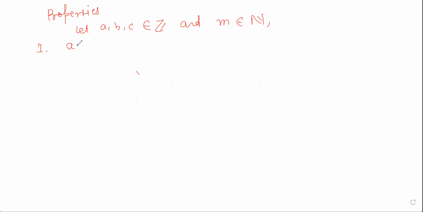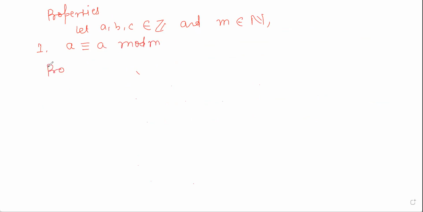We have some properties. Let A, B, C be integers and M a positive integer. First property: A and A are congruent modulo M.